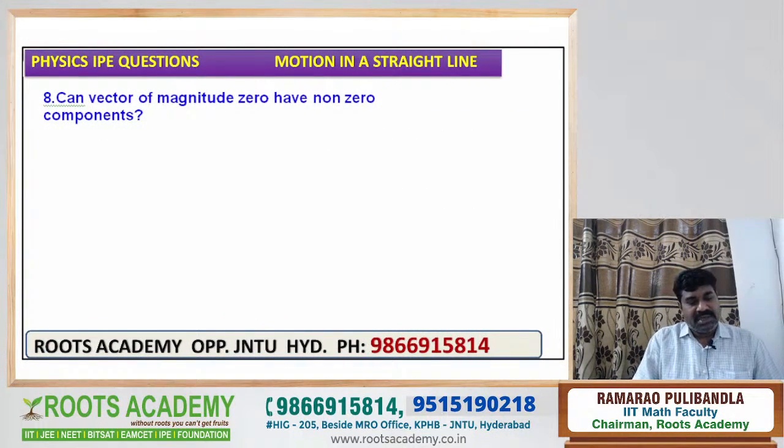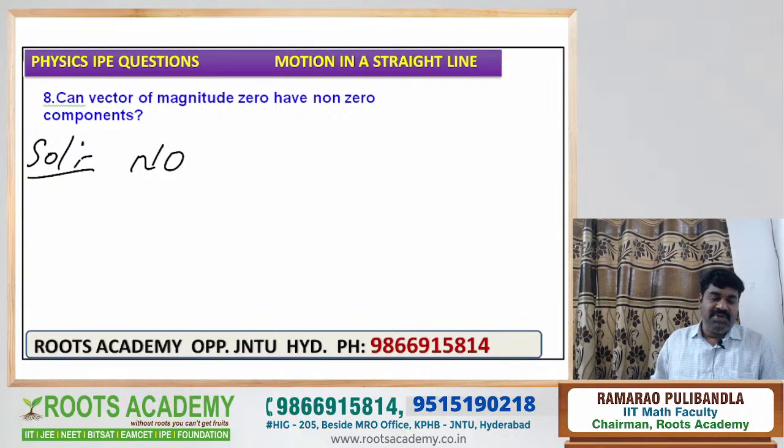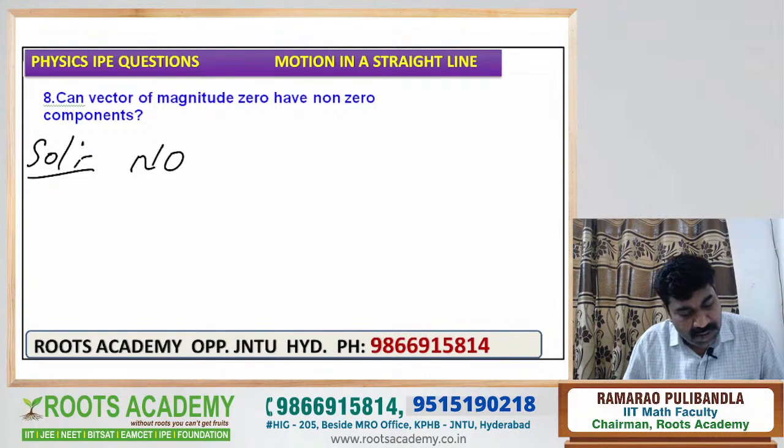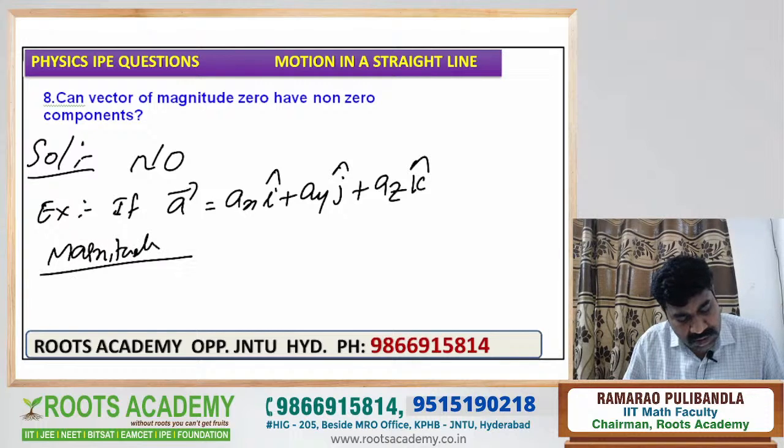Next one. Can a vector of magnitude 0 have non-zero components? No, it is not possible. For example, if A bar is equal to Ax i plus Ay j plus Az k, then the modulus of A bar, what is the formula?